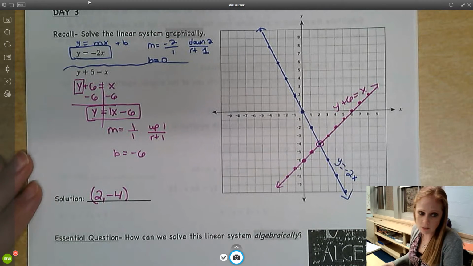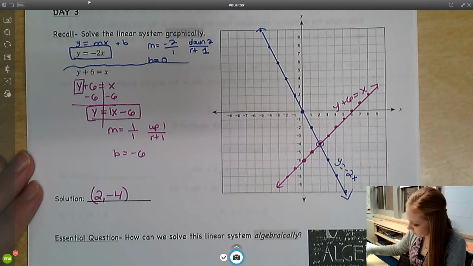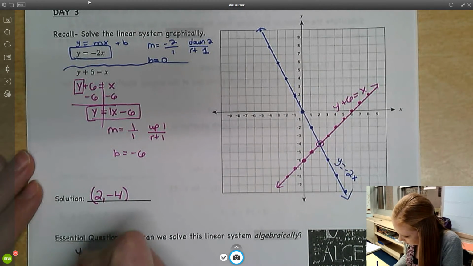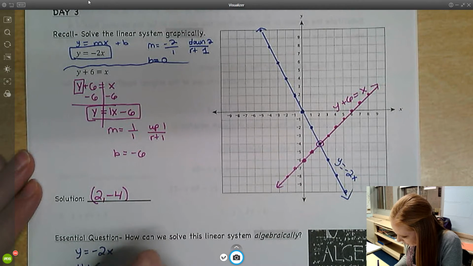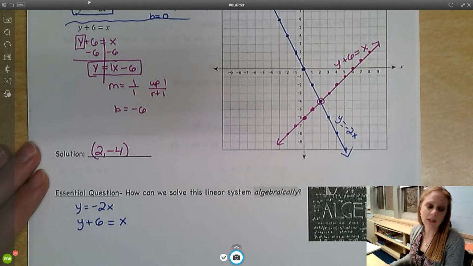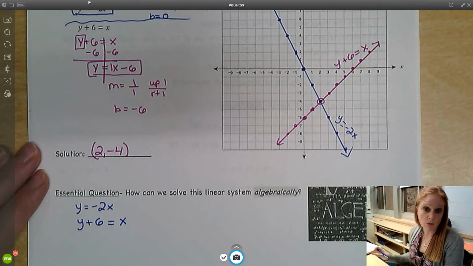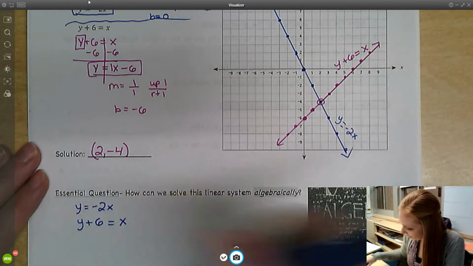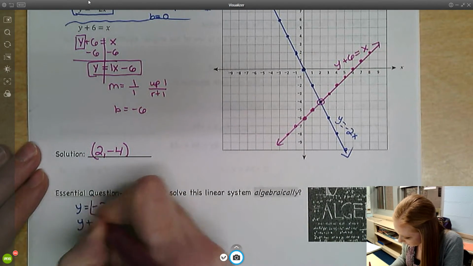So to solve this system algebraically, I'm going to rewrite both equations. So we have y equals -2x, and then we have y plus 6 equals x. Okay, so we've been practicing plugging in from the expression from the first equation into the second one. So let's look at what we have here. We know that y equals -2x.